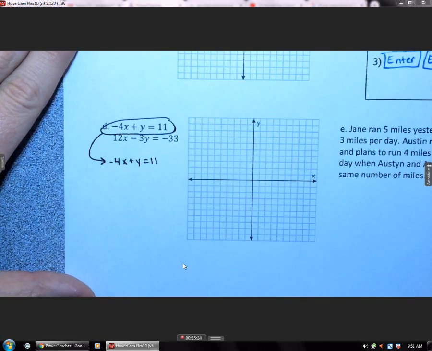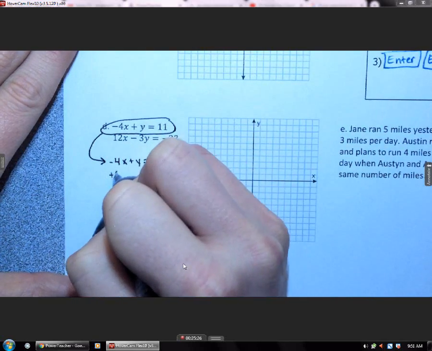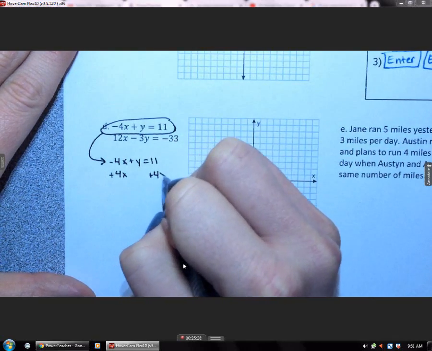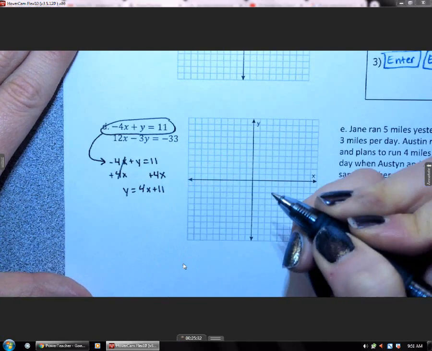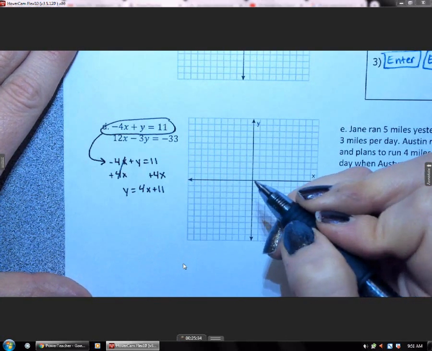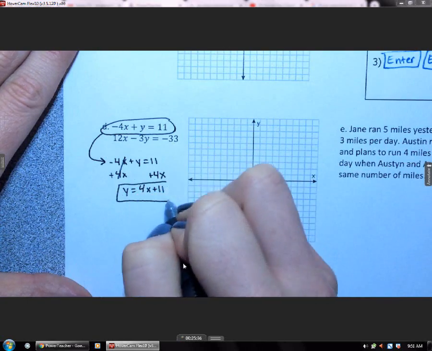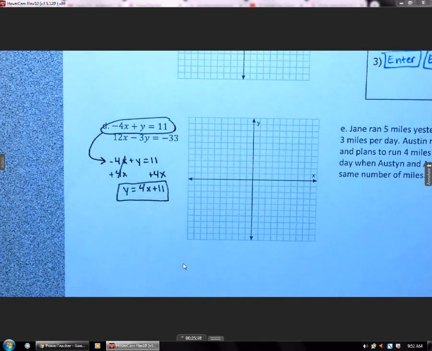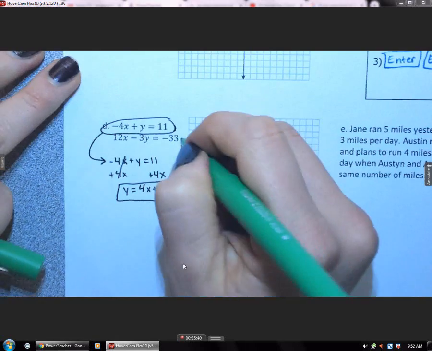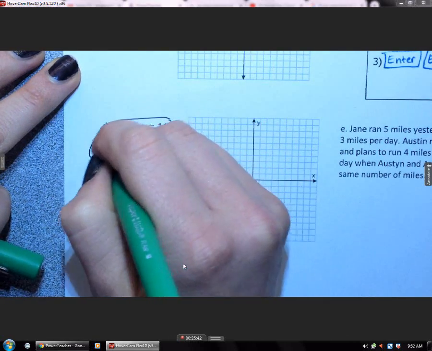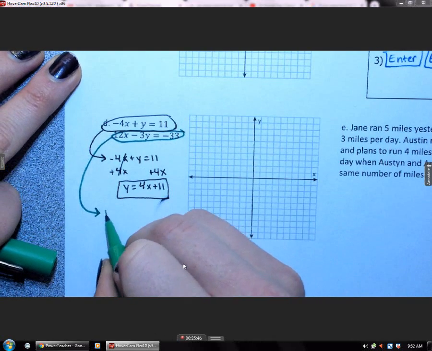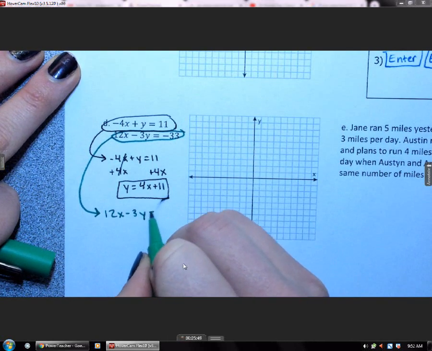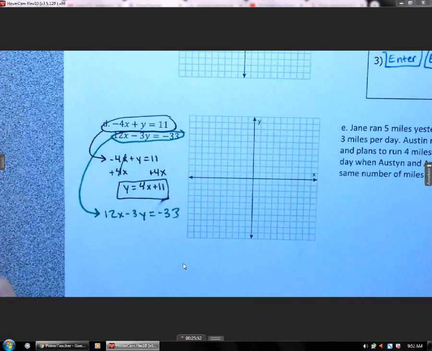How do you get y by itself? Add 4x to both sides. So y equals 4x plus 11. That was a good one. So that's one new equation. Let's do this next one. We're going to get it into y equals. So 12x minus 3y equals negative 33.